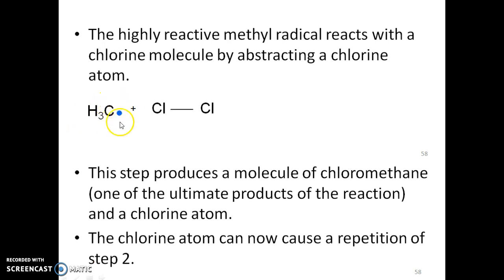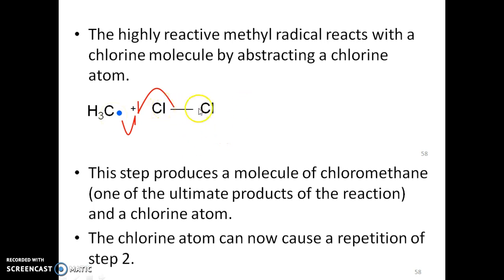So what will occur? The CH3 free radical, being a free radical, of course wants to form a bond. It already has one electron to form a bond, so it will combine with another electron from the Cl2. One electron from the Cl bond will combine with the CH3, so homolytic cleavage will occur.